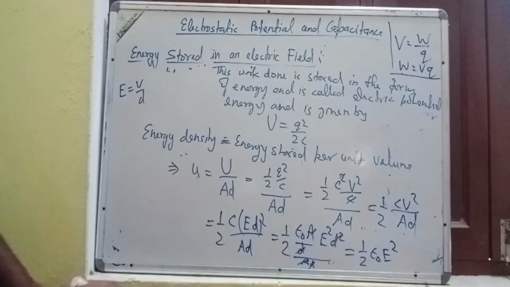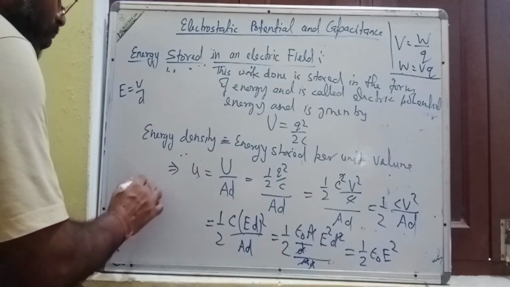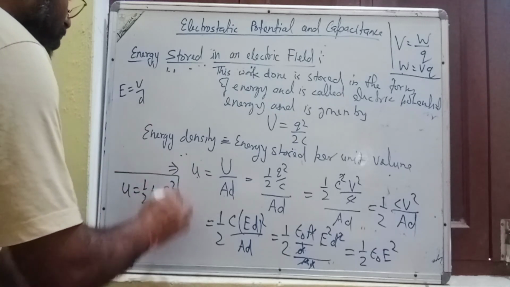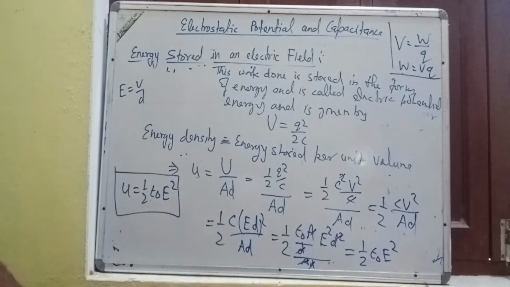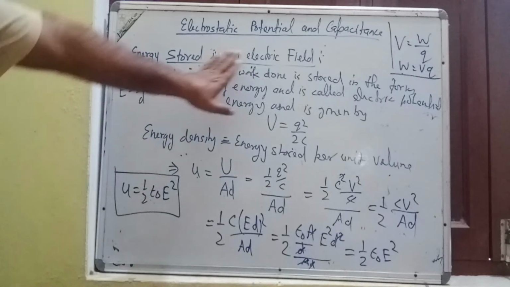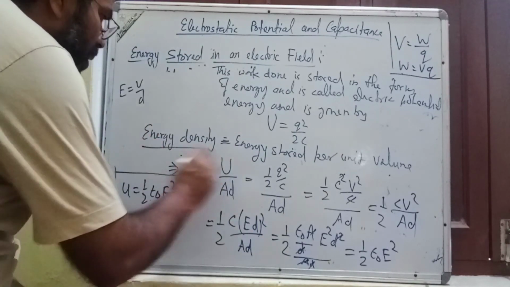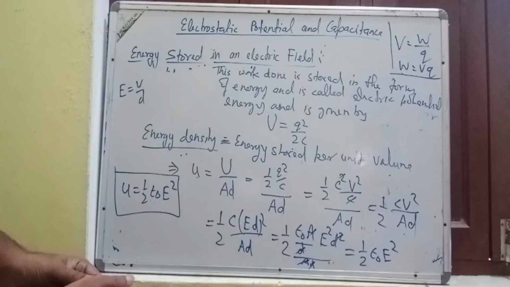So this is the energy density: energy density will be equal to half epsilon naught into E squared. So this is all about energy stored in an electric field and also the energy density per unit volume of that electric field. Okay, thank you.